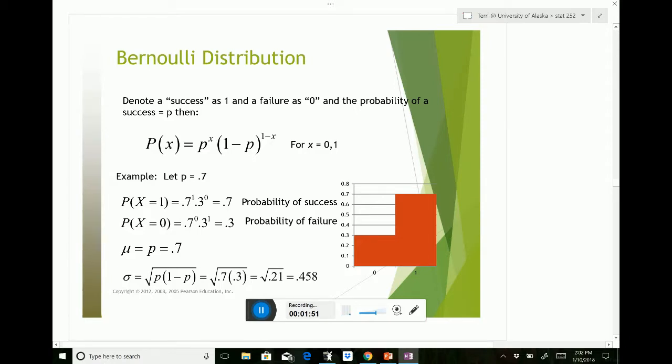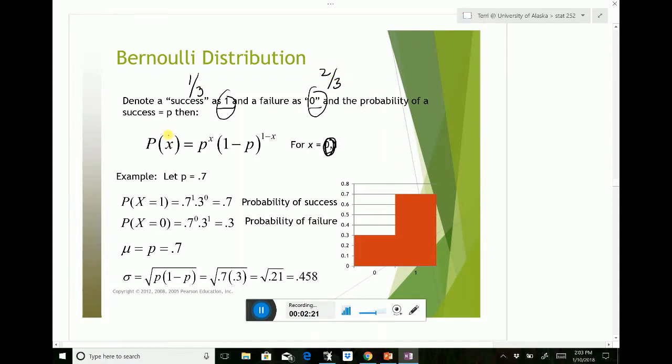So for the Bernoulli distribution, if a success is 1 and a failure is 0, the outcome can only be 1 or 0. The probability of a failure depends on what the probability of a success is. So let's say the probability of success is 1/3, and the probability of failure is then 2/3.